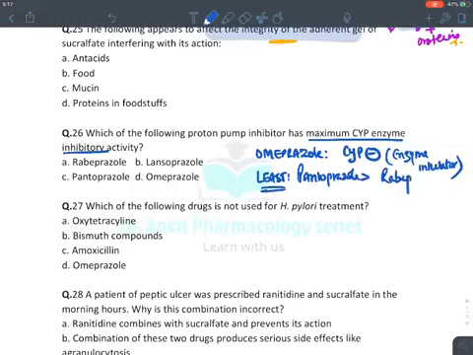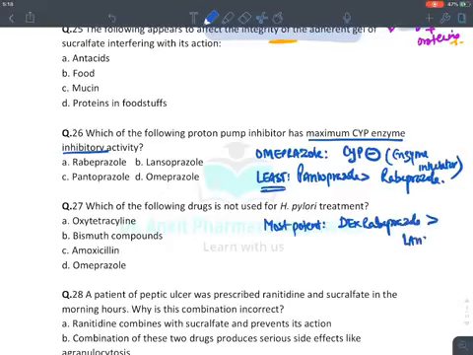If pantoprazole is not given in the option, you will go by the answer rabeprazole. Most potent is dexrabeprazole. If dexrabeprazole is not given, then you will write lansoprazole. If lansoprazole is not given, then you will write rabeprazole, or esomeprazole is also there. So, overall it is dexrabeprazole and lansoprazole.